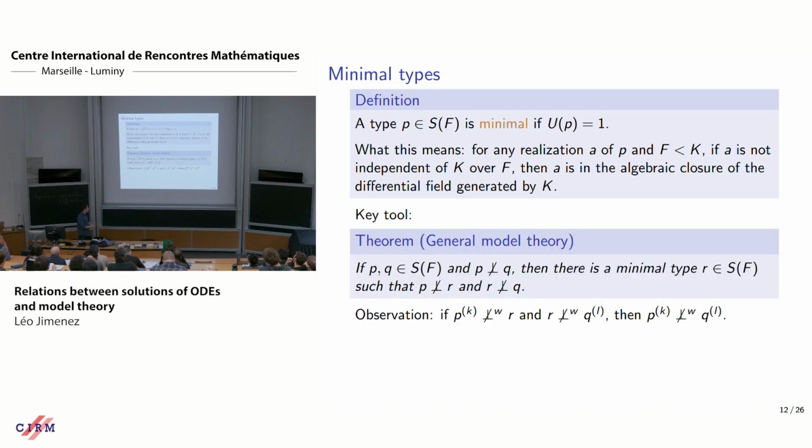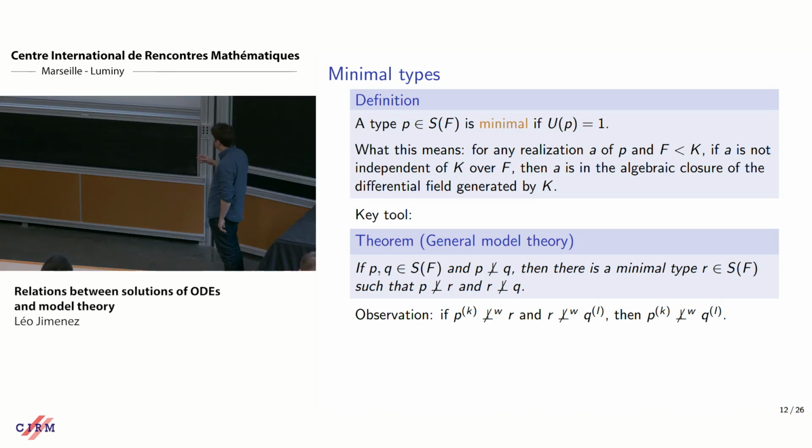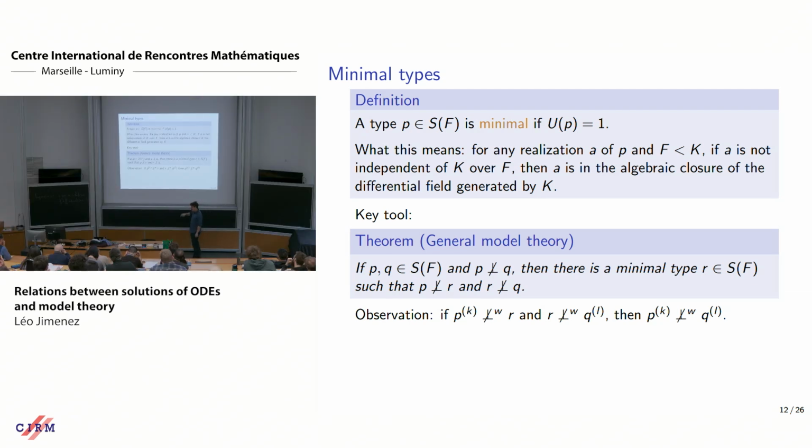Okay, and so the key tool here, which sort of allows us to do this, is really a general model theoretic fact. It's nothing about DCF, really. It's nothing about differential equations. If I have two types P and Q over the same set of parameters F, and they are not orthogonal, then there is a minimal type over F such that they are both non-orthogonal to this minimal type.